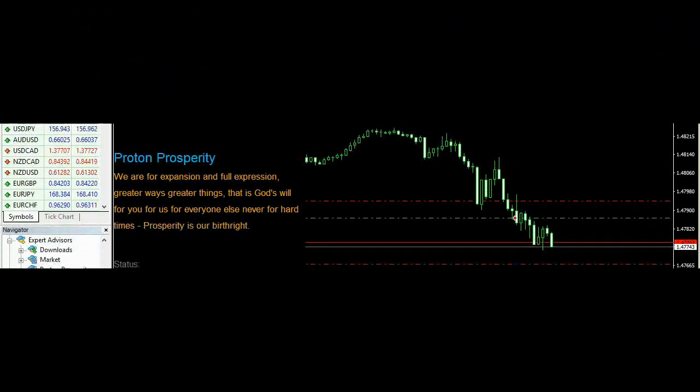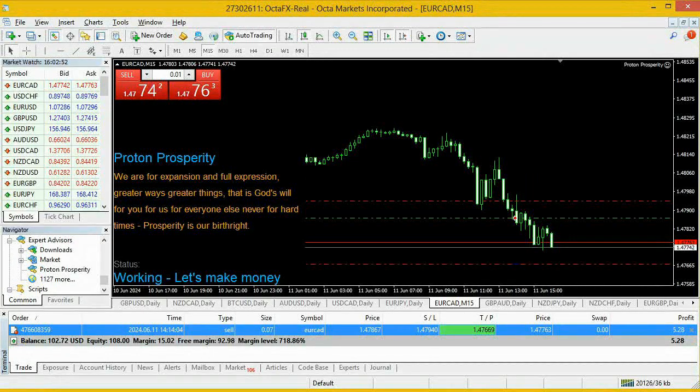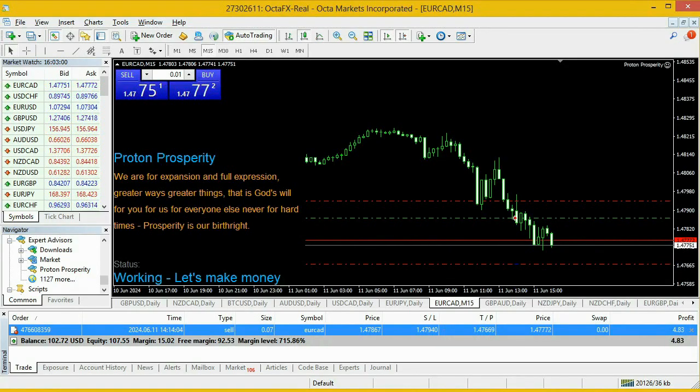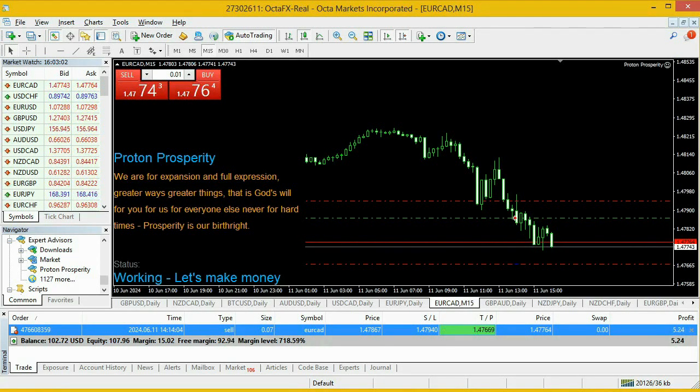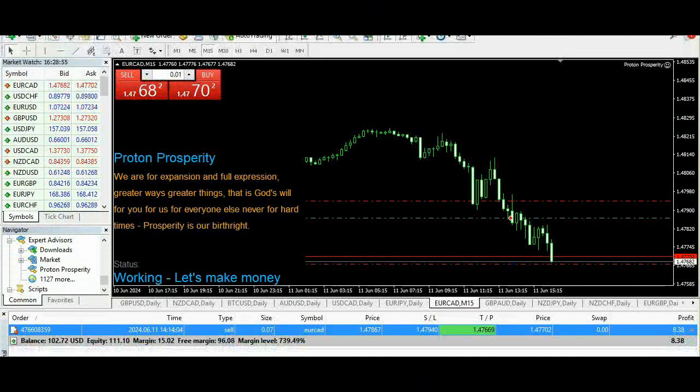Moving forward, 1 hour 45 minutes later, we are halfway to our profit target. Two hours 13 minutes into the trade, this is where we are.